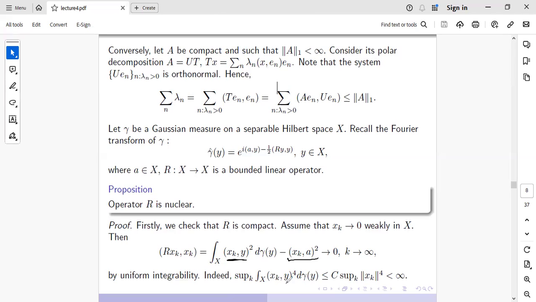One can estimate, let's say, the fourth moment. I recall that the norm of the functional which multiplies by x in every L^p is estimated by a constant times the norm of x.